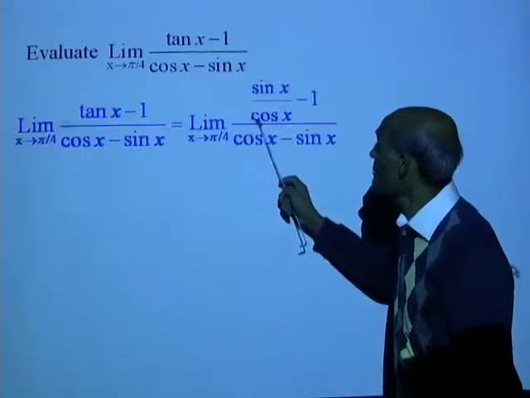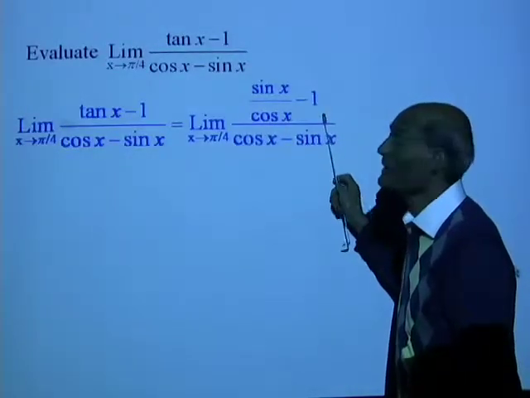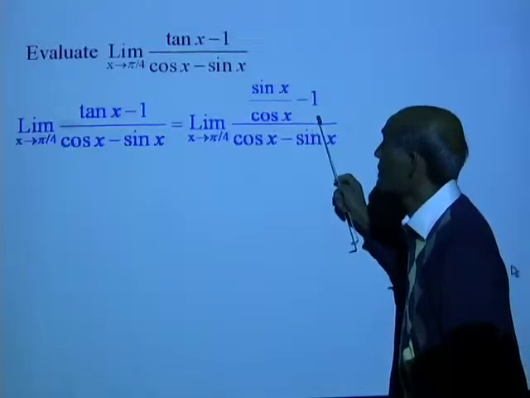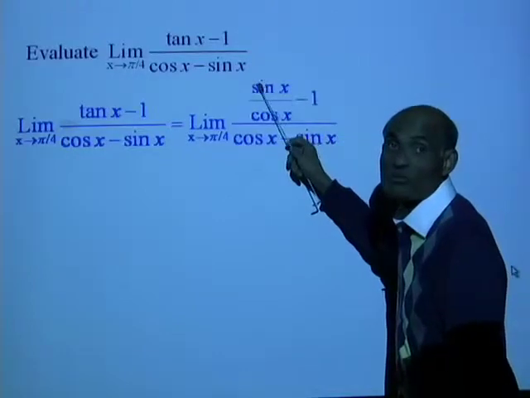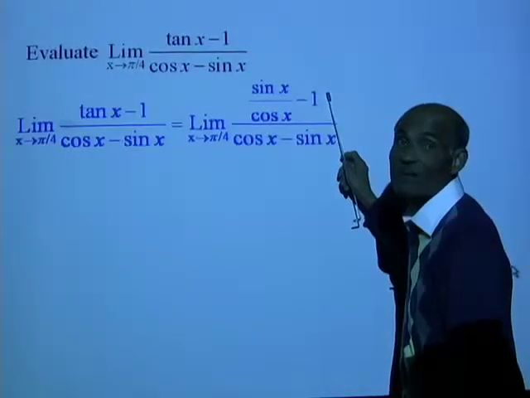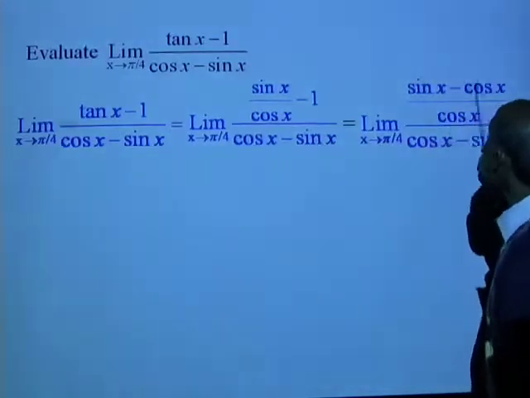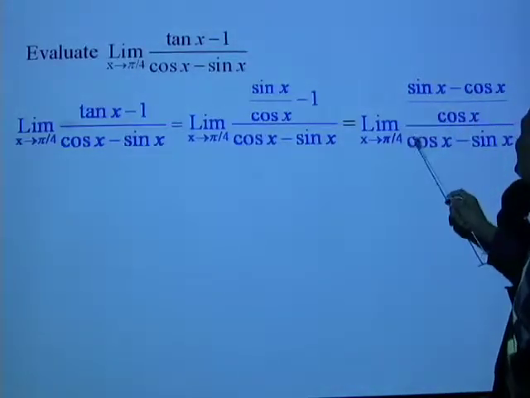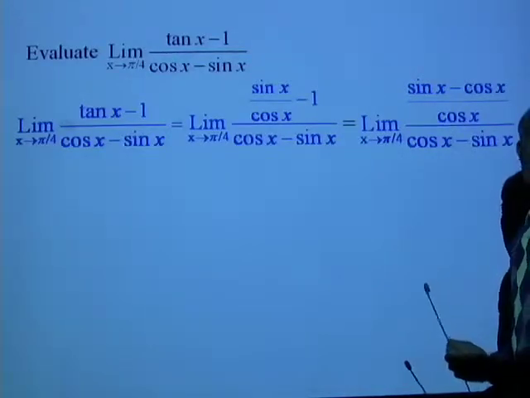And in the next step, take the common denominator here and simplify. The common denominator is cos x. And if the common denominator is cos x, the numerator will be sin x minus cos x. So this is now sin x minus cos x over cos x, divided by cos x minus sin x.